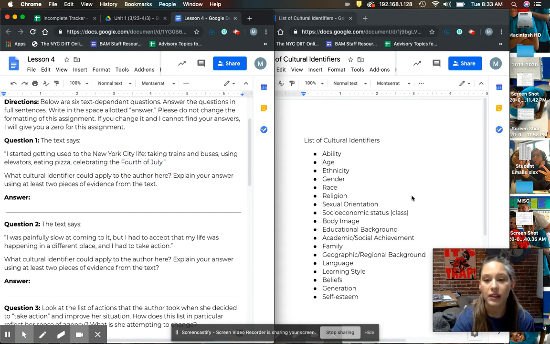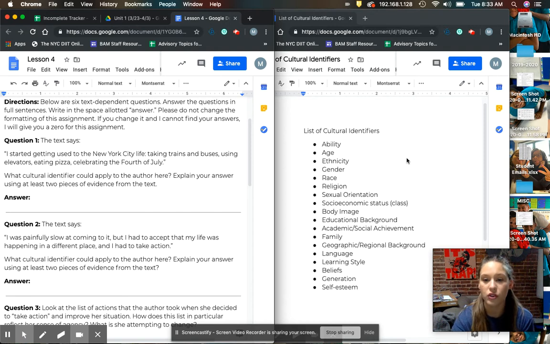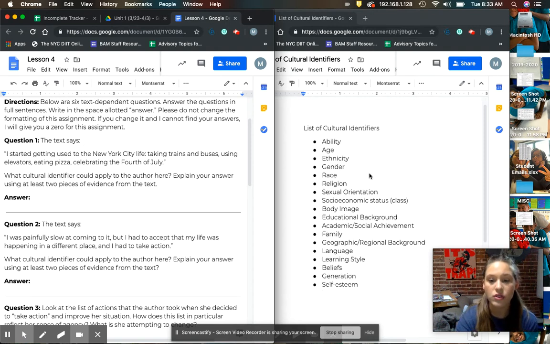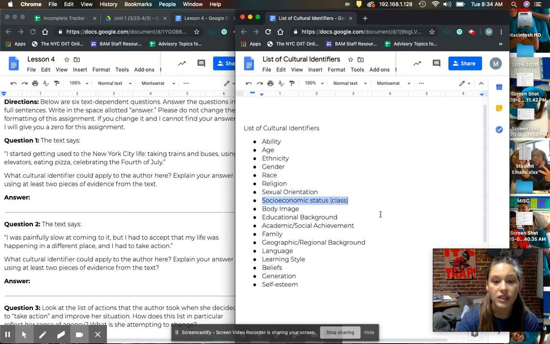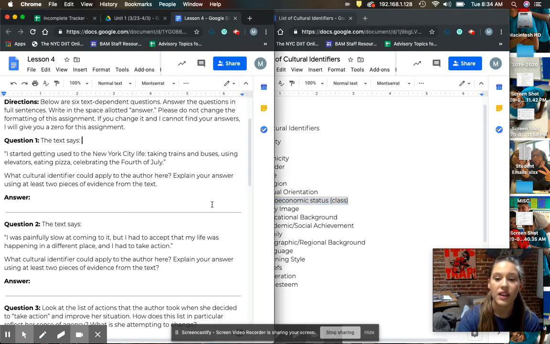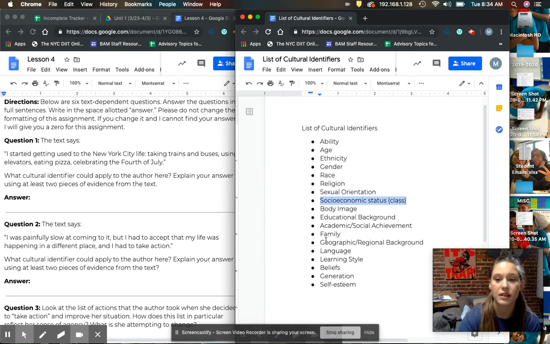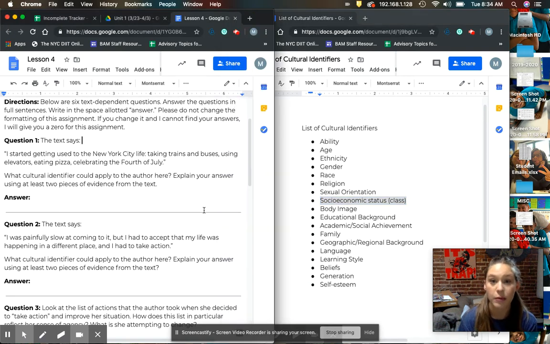When I'm thinking about these things, the cultural identifier that sticks out is socioeconomic status. If you're using trains and buses, that's going to be a different socioeconomic status than being able to take a cab or a taxi everywhere or having your own vehicle.